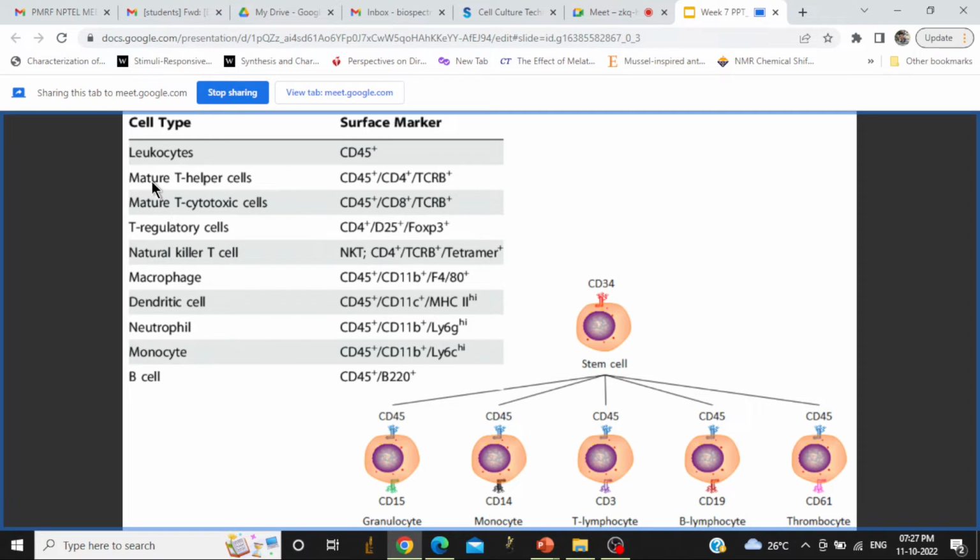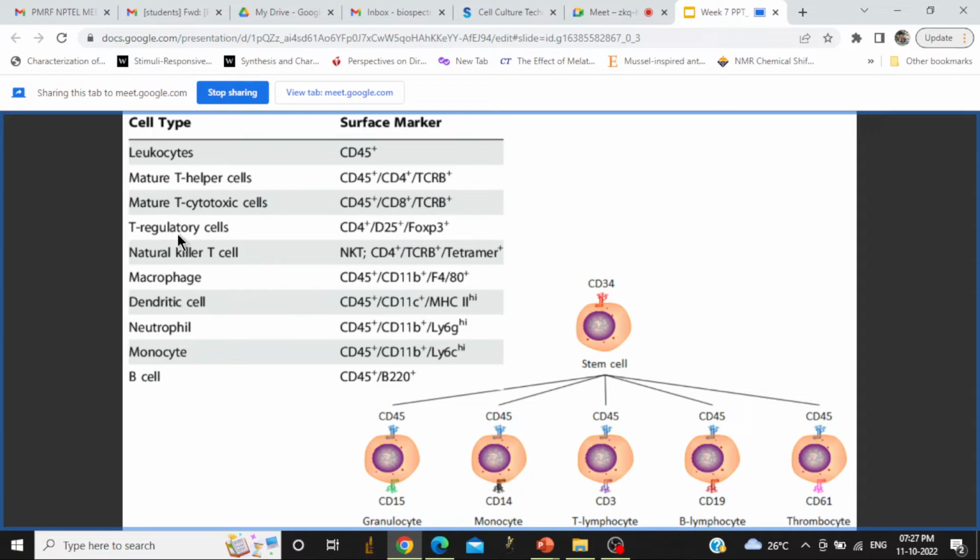Here in this table, I have also shown what other types of markers are present. Like CD45 is the common one, CD4 positive, and T cell receptor, TCR, B positive. So there are some types of markers.